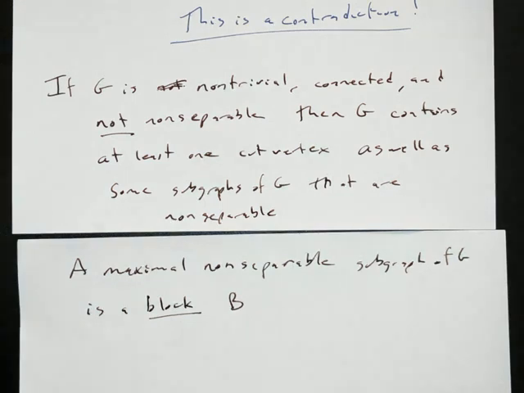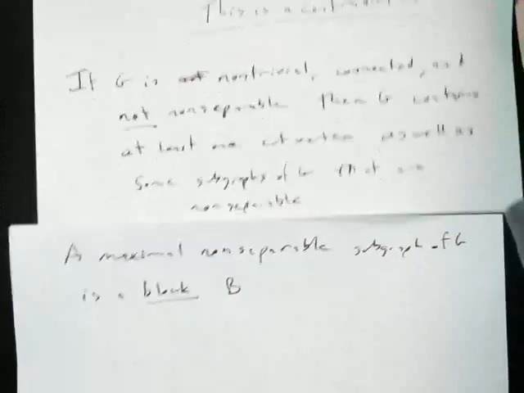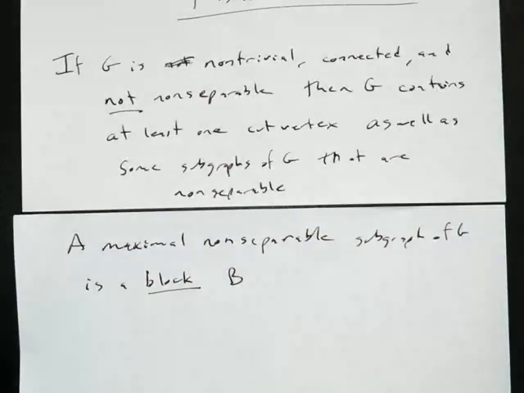Maximal. What does maximal mean here? It means if I add any other vertices or additional edges from G, I include a cut vertex and or a bridge. Another way to say it is that B is not a proper subgraph of any other non-separable part of G.